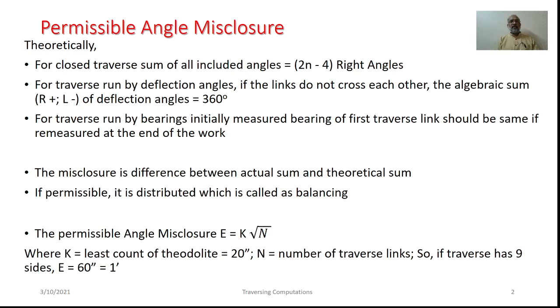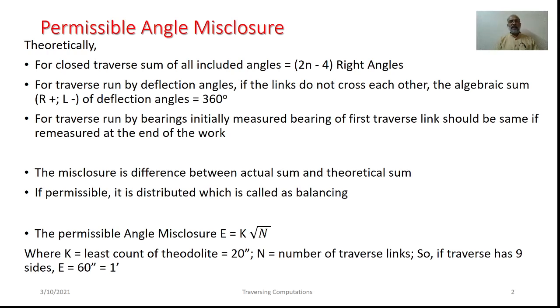If the traverse is run by bearings, the initially measured bearing of the first traverse link should be the same if it is remeasured as we follow all the links of the traverse and come back to the original station at the end of the work.